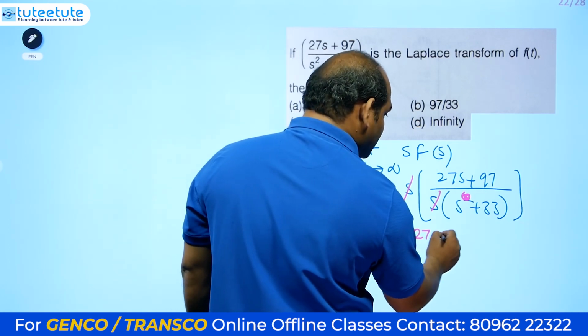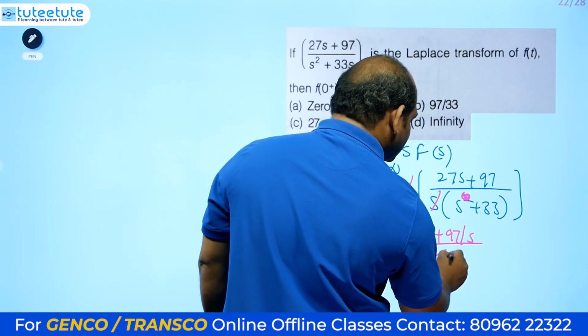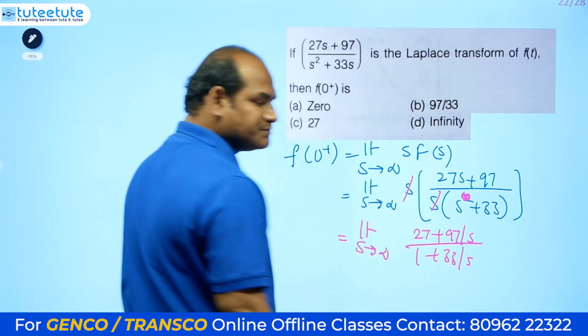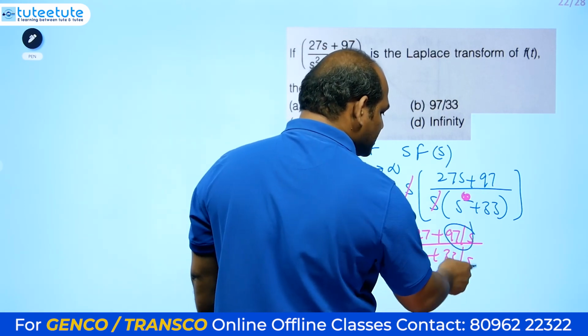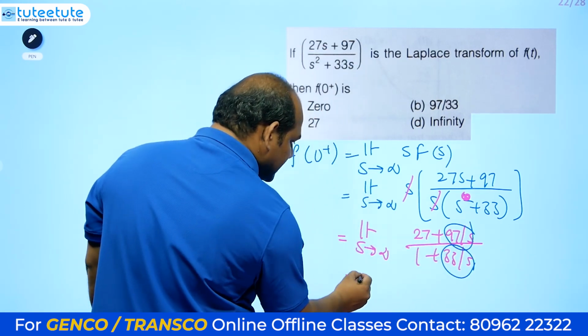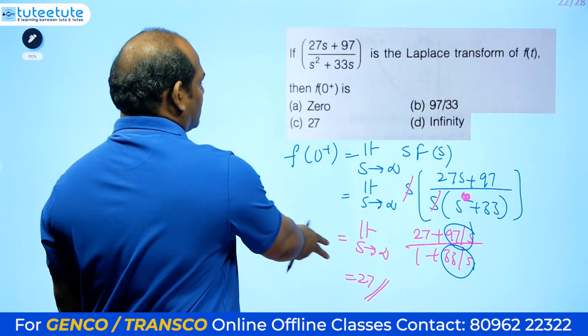So you will get 27 plus 97 by s by 1 plus 33 by s, like this we can write. Okay, now take s tends to infinity, so this thing will go to 0, this thing will go to 0, so you will get 27 as the answer. Okay, that is what we can observe.